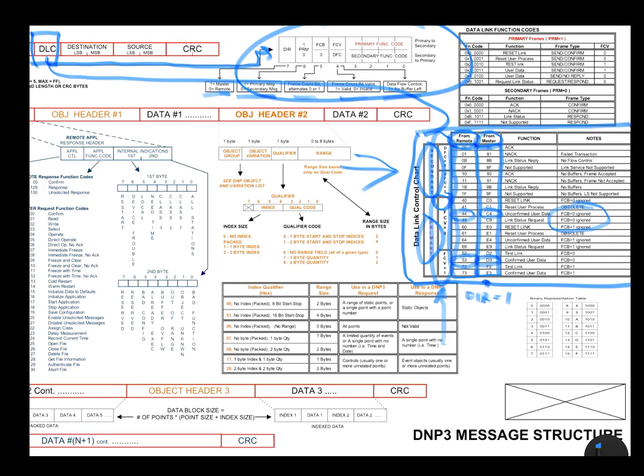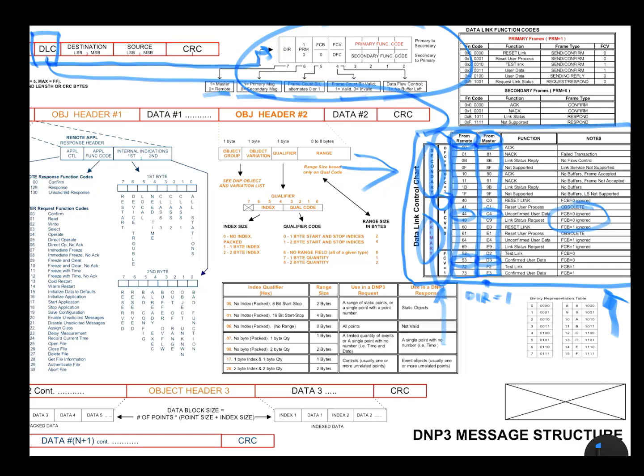If I'm trying to scale what's required of you for this course, it's really just that you're able to go to this table when you see a data link control byte and answer questions like: is the FCB high or low? Is it a primary or secondary message? Is it from the master or from the remote? What's its function?